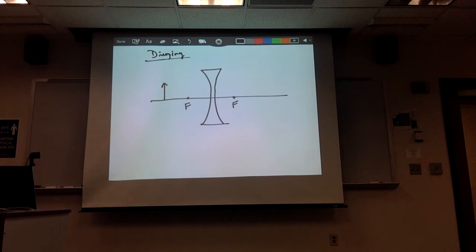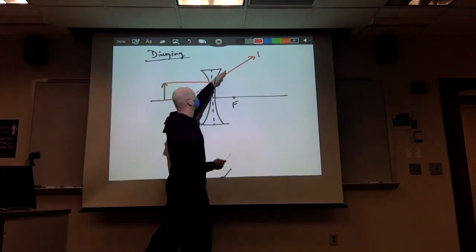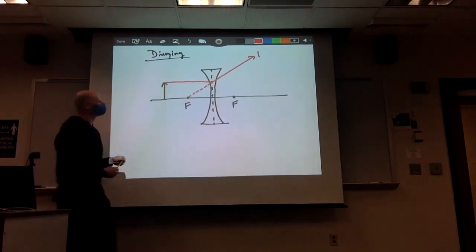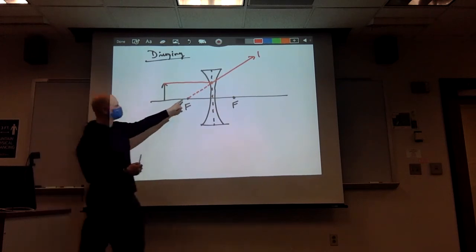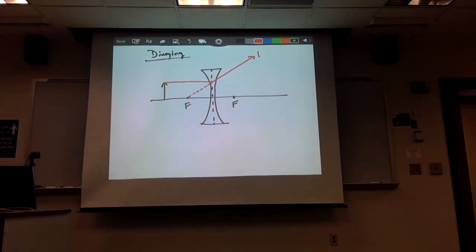So my first principal ray is going to be the one that comes in again to the lens, hits the bisecting line here through the center, but then gets refracted as if it came from the focal point on the near side. So this is principal ray number one. So this thing comes in, gets diverted outward after refraction, but it comes as if it came from this particular focal point on the back side.